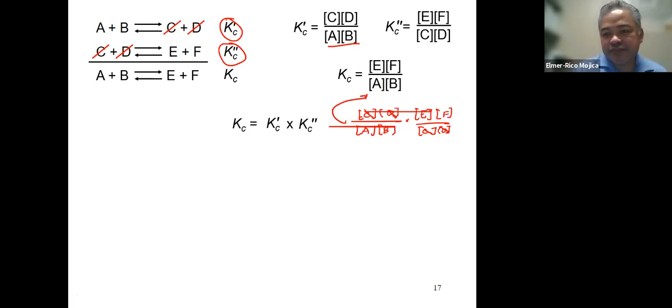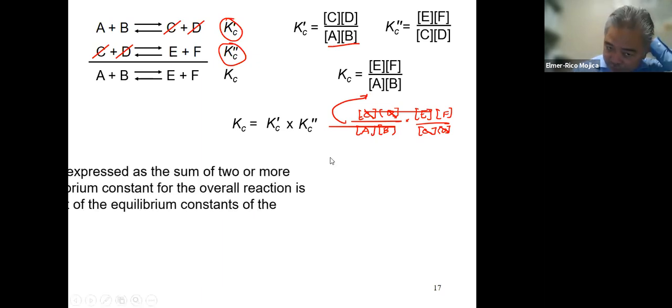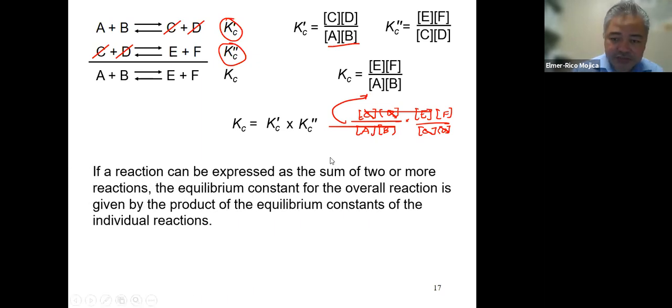So that's one manipulation. If a reaction can be expressed as the sum of two or more reactions, the equilibrium constant for the overall reaction is given by the product of the equilibrium constants of the individual reactions. If you add two reactions, the new Kc is just the product of the two Ks of the reactions that you add.